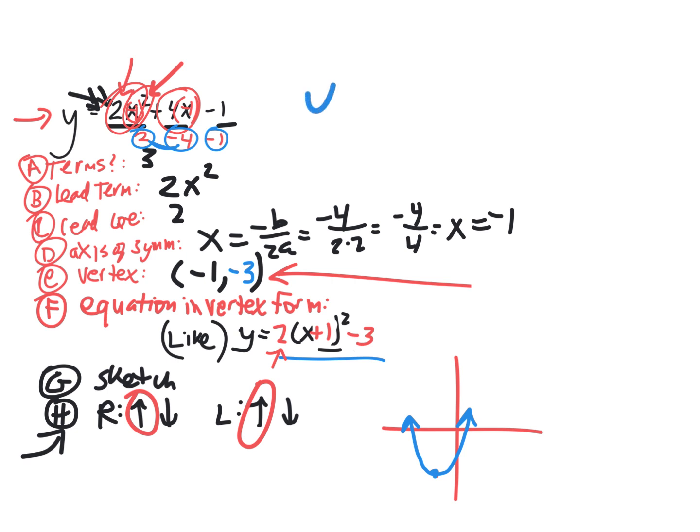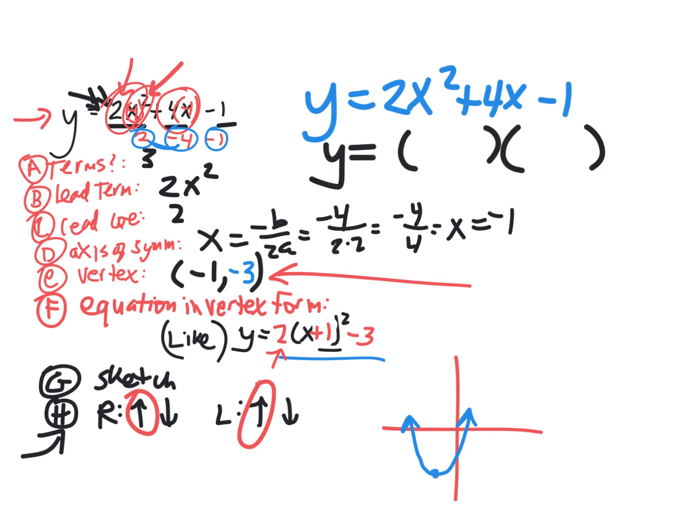Take the same equation, I'll rewrite it for you because it got messy: 2x squared plus 4x minus 1. And we already know what we need to try to factor this thing. And the question is, will it factor or not? Try it.